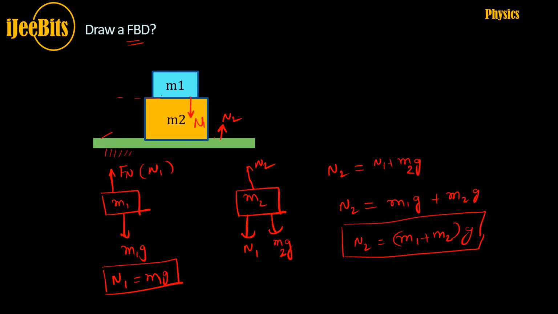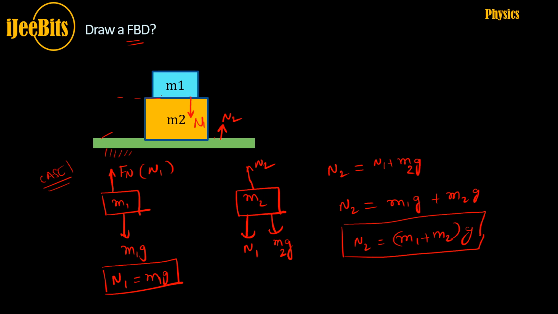I am repeating. When we have two masses, one on top of another, obviously we have to look at the contact surfaces. How many contact surfaces do we have? Between m1 and m2 we have one contact surface, and hence one normal force which acts on the body, right? So this case is for m1, whereas for m2 we have two surface contacts: between m1 and m2, and then the floor as the second surface.